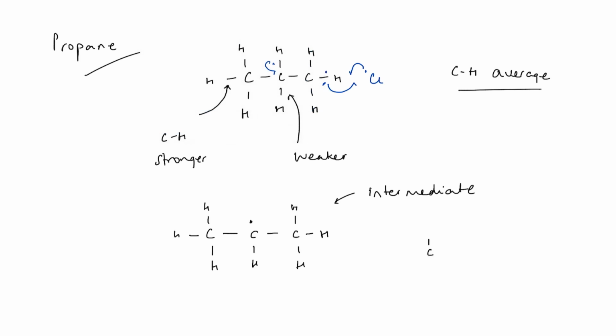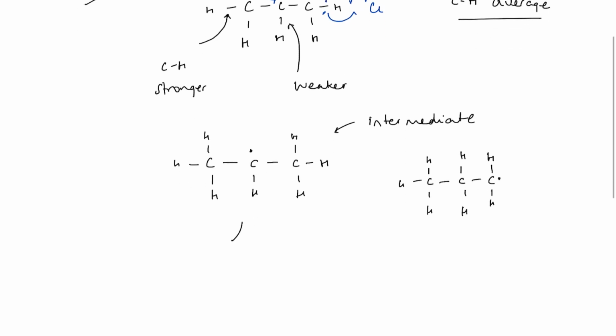So producing this radical intermediate here. Put my hydrogens on. So that is a more stable intermediate than if I've got my radical on the end carbon.